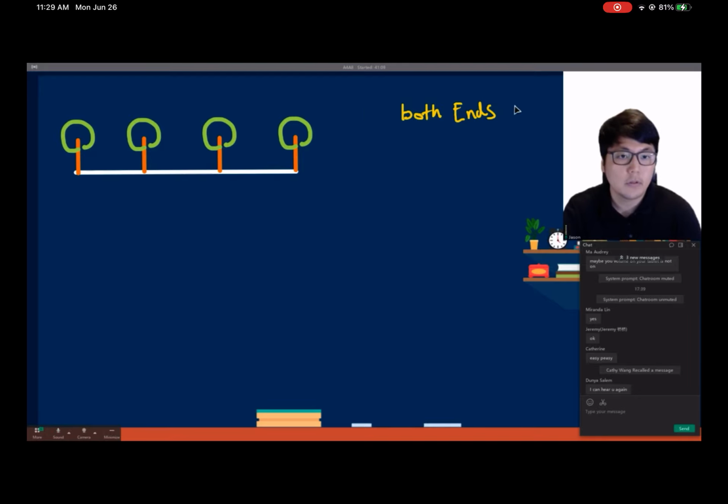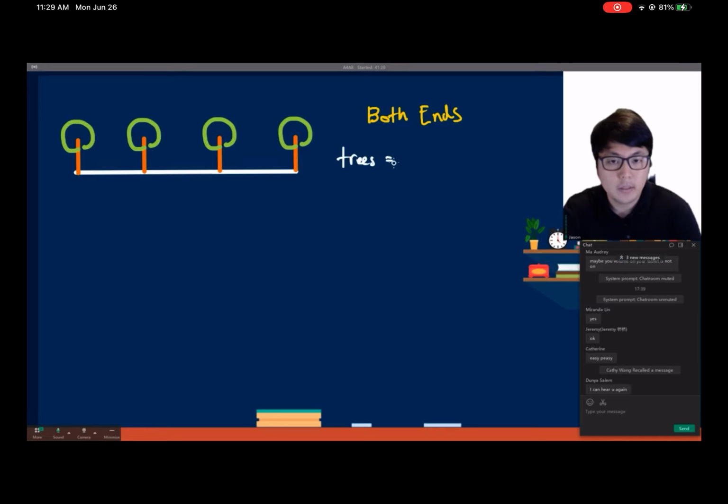So if you have trees at both ends, what can we do? What's the relationship, guys? We can do trees is going to be intervals plus 1. Yeah?